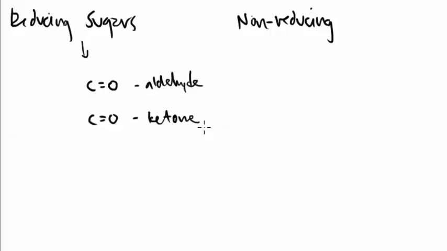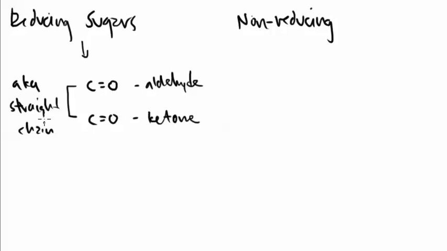That carbonyl bond is reactive and it can react with the silver and reduce it. So that is fair game. It is free. It's available for the taking. So ketones and aldehydes, aka straight chain sugars, and that's what I'm going to put over here, aka straight chain sugars, can react with this setup.